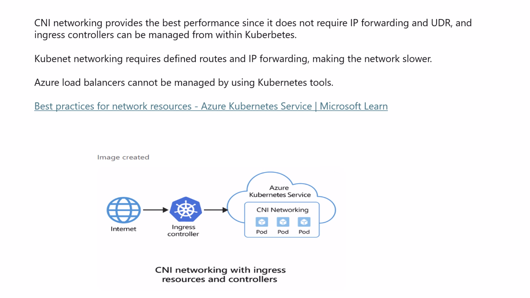Kubernetes networking requires defined routes and IP forwarding, making the network slower. And Azure load balancers cannot be managed by using Kubernetes tools. And here is an image that I created using ChatGPT that basically illustrates the CNI networking with ingress controllers resources.